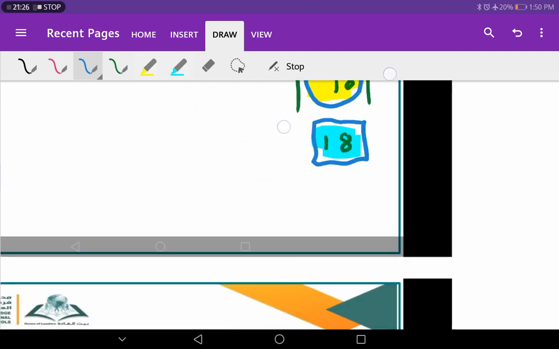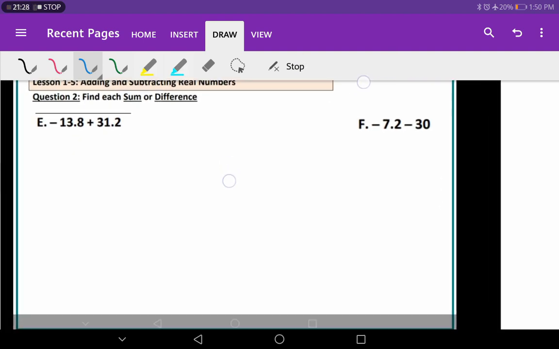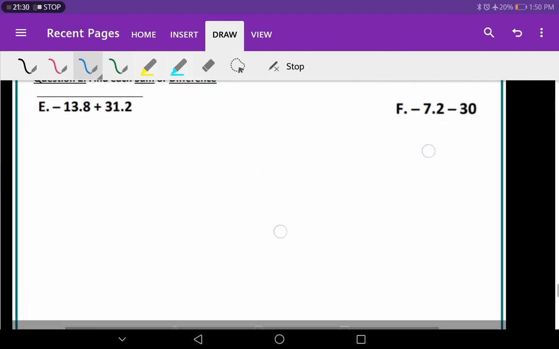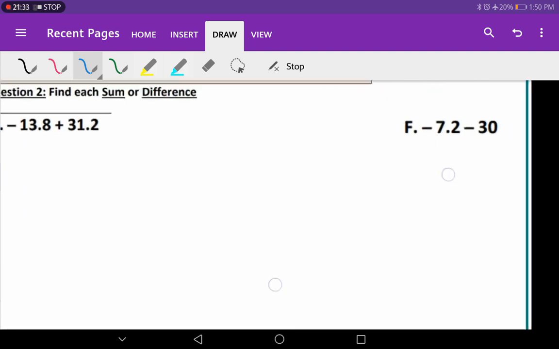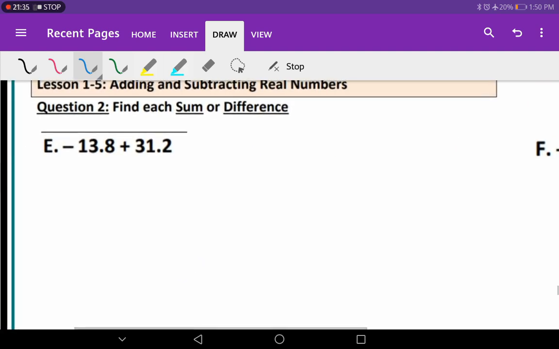This is the whole story, my dear students. Now let us try to finish. Here this is 13 or negative 13 for Hamada, and this is 31 riyal and 20 halala for me.